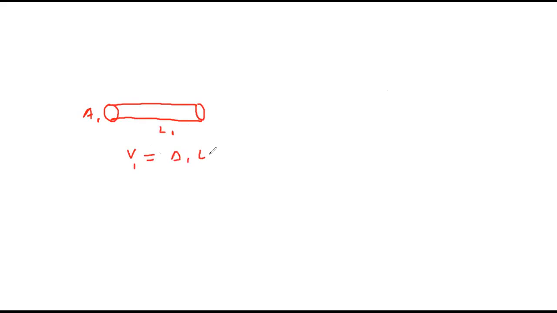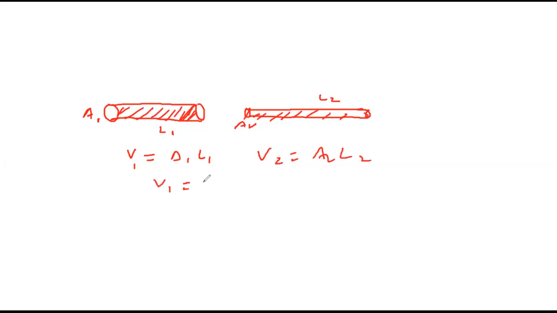A1 L1. The same wire when I stretch, then definitely length will become more and area will become less. But the material remains the same. So volume V2 is A2 L2, but V1 is the same as V2.